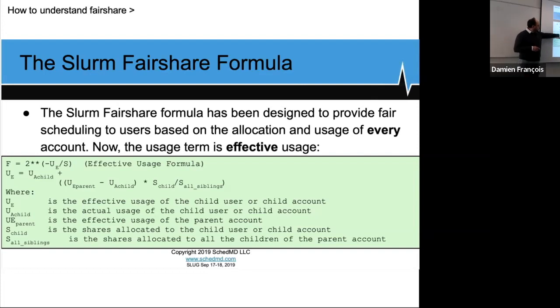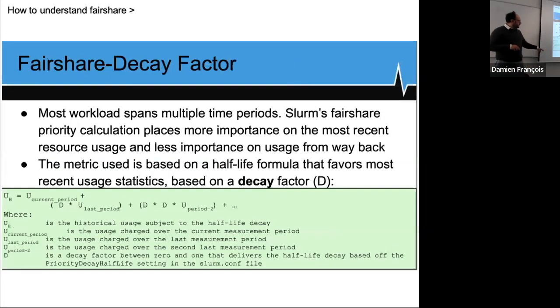So the share that we discussed, which is 1 over the number of users, and the actual usage, they are compared, they are put into this formula, and this formula is used to create a number between 0 and 1, which is used as a factor for the priority computation. Here you see effective usage, and you see it's decayed somewhere. It's what I explained. So the actual usage that Slurm takes into account decays over time.